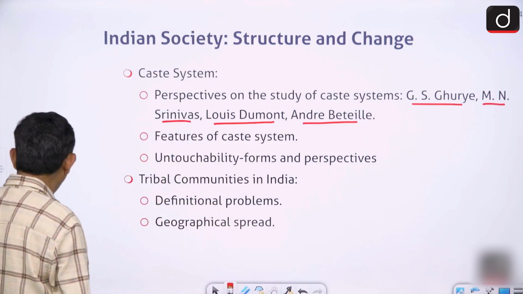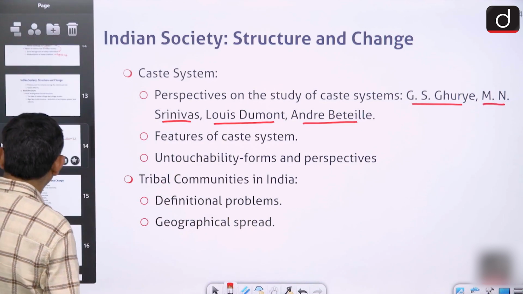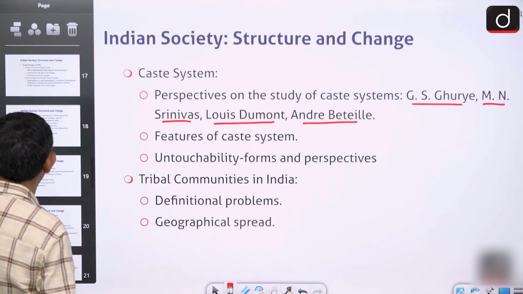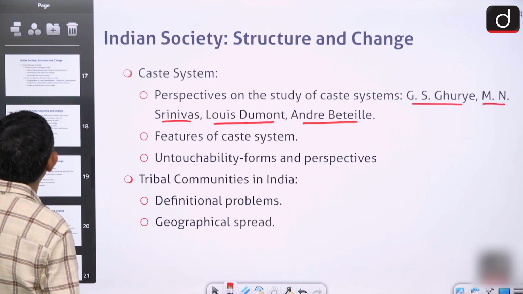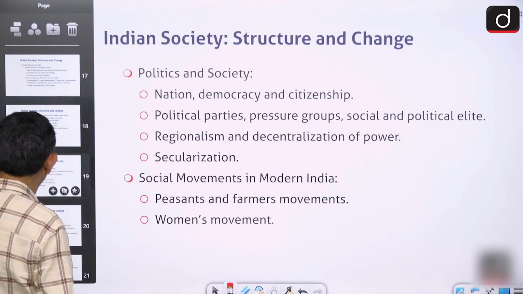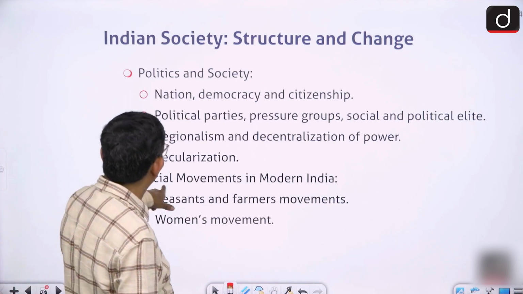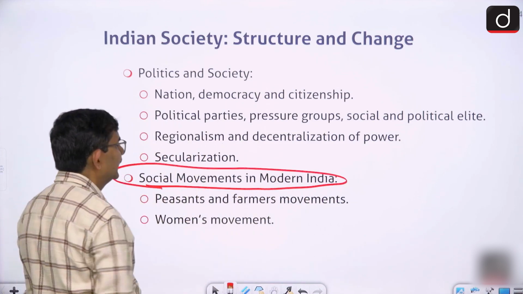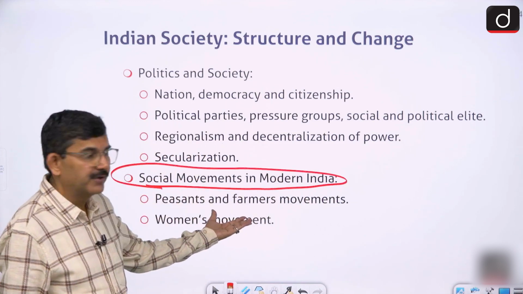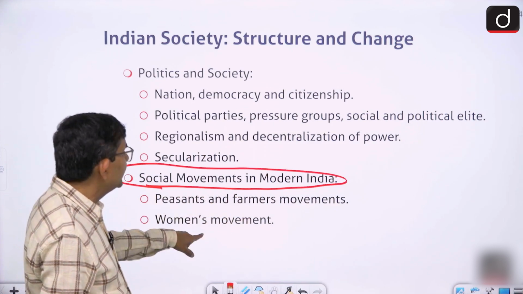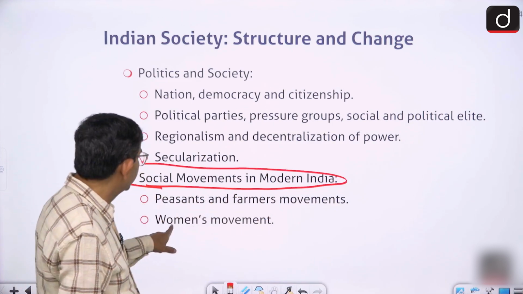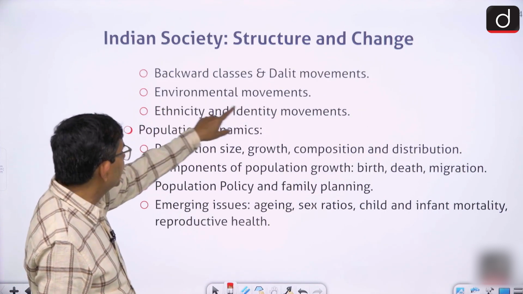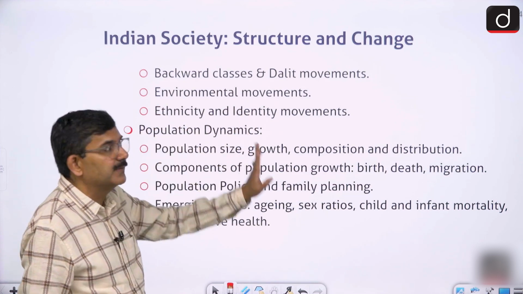For example, in paper 2 we have one topic, social movements in modern India. Here we have 5 movements: peasant and farmers movement, women's movement, backward classes and Dalit movements, environmental movements, ethnicity and identity movements.